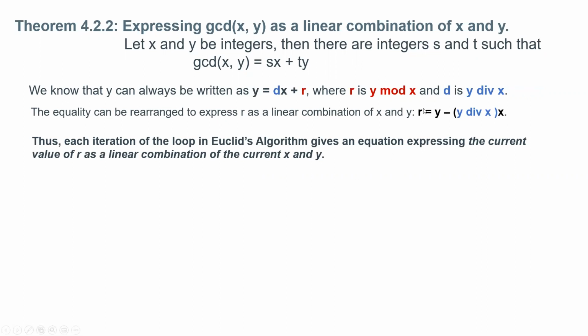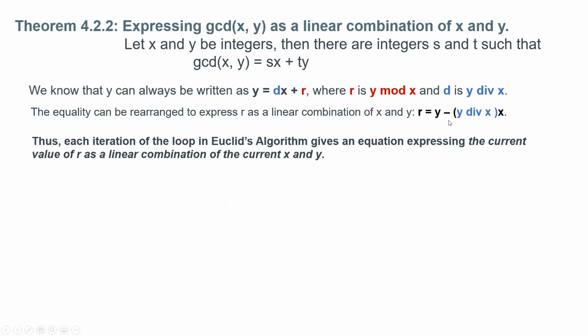But let me just say this. Notice the y, which remember is going to be the larger number. We started with that, saying y would be the larger number. So when we write r as something that has to do with our two other numbers, see the y is mentioned first, and then the smaller number is mentioned next.